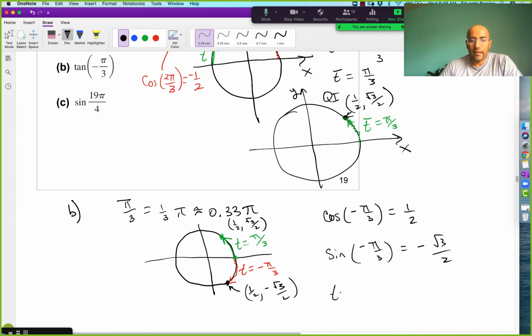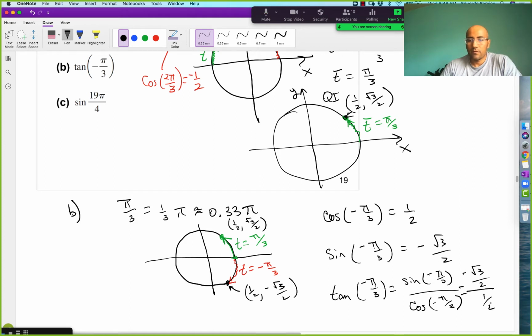And remember that tangent of negative pi over 3 is equal to sine of negative pi over 3 divided by cosine of negative pi over 3. Right? Tangent is equal to sine over cosine. So this is going to be equal to negative root 3 over 2 divided by positive 1/2.